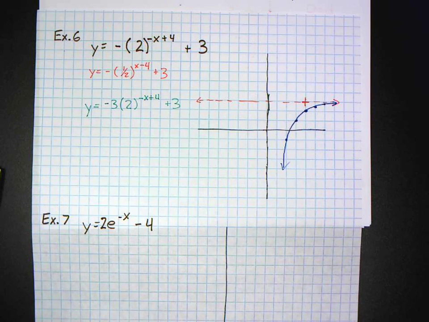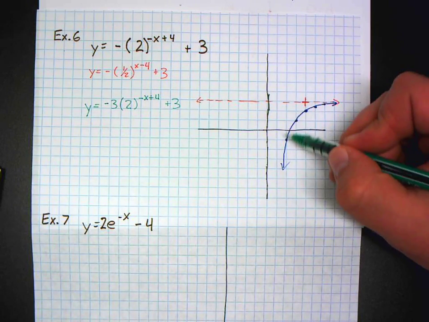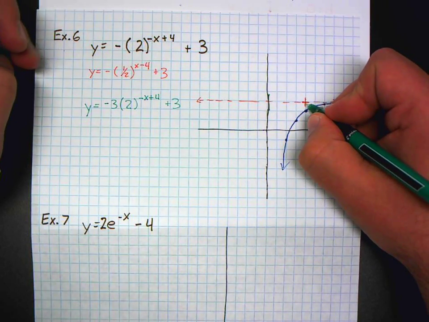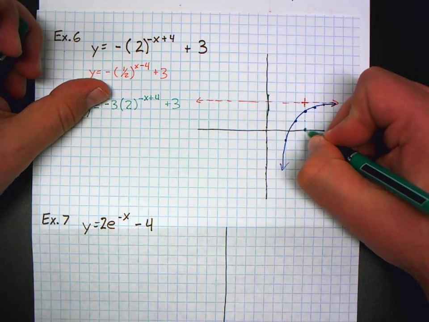It doesn't work very well with slope on exponentials. But it takes all my y values and it takes them times -3. It takes this distance here times -3. So this distance right here is going to be right here.